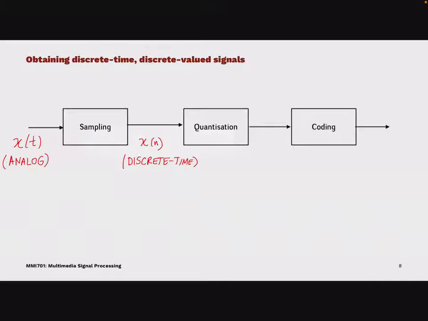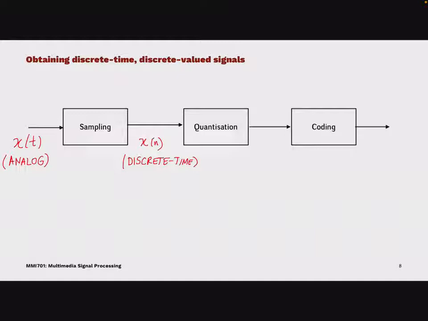Okay, that's all good. So we have a sequence of numbers which have infinite precision, but that's not good enough because we would still have to represent those samples on a physical device which can only accept a finite number of numbers.